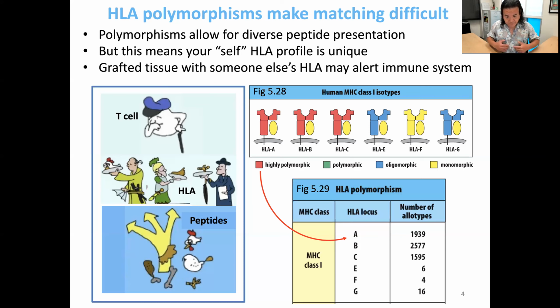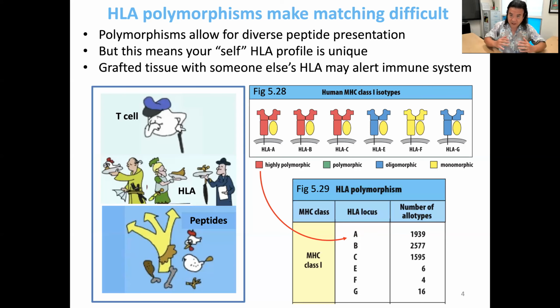So as a result, these HLA genes are very polymorphic in our population. There's a lot of variety in genetic sequences, and that's good for us as a species. That means that if you have a brand new pathogen that's introduced into the population, certain people, because of their particular set of polymorphisms in their HLA genes, have HLA shapes that might be better for presenting the chicken head, and therefore their immune systems have an easier time quickly identifying that the chicken is present.